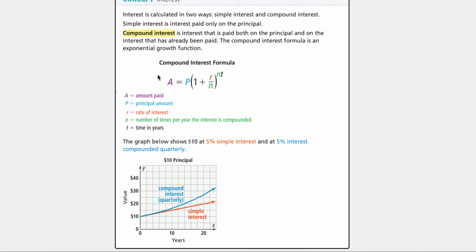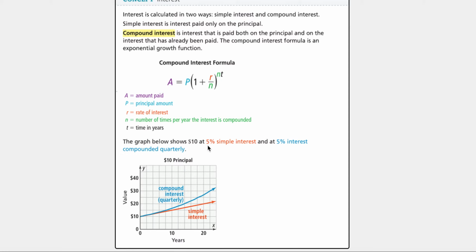So the compound interest formula is A equals P times 1 plus r over n, to the power of n times t. Now, let's break down what each variable represents. A is the amount paid, P is the principal amount, r is the rate of interest, n is the number of times per year the interest is compounded, and t is time in years.